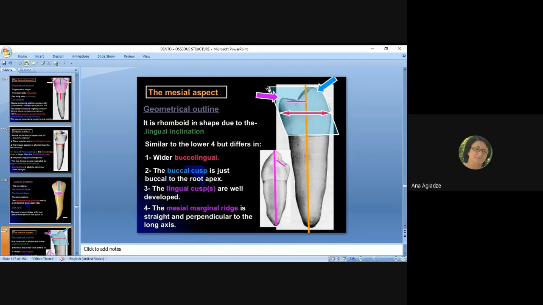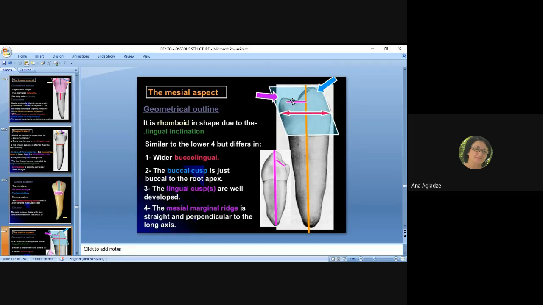It is rhomboidal in shape, and it has a lingual inclination. This is the buccal aspect, and this is the lingual profile. The buccal cusp is larger than the lingual cusp.